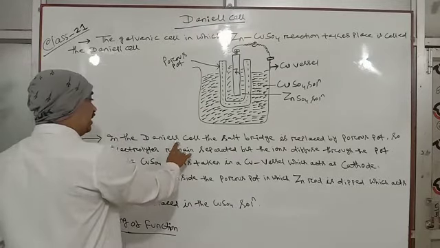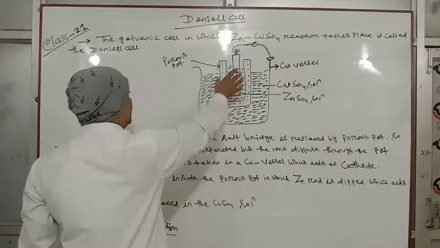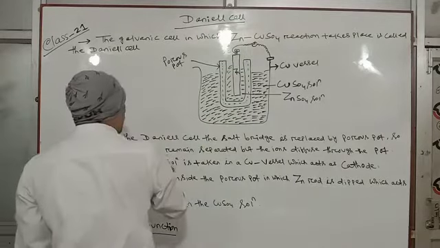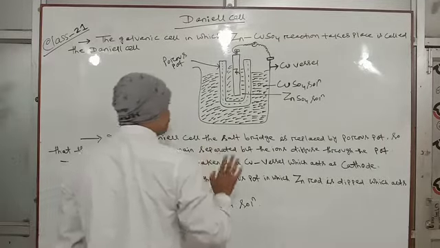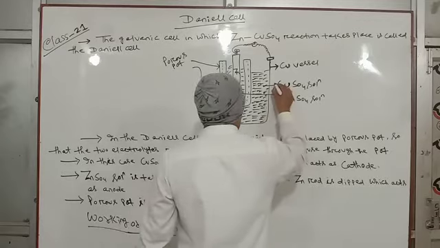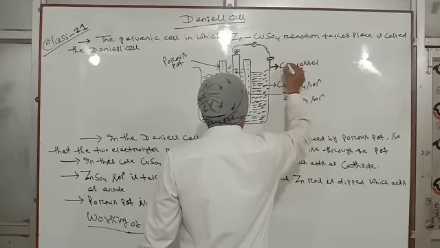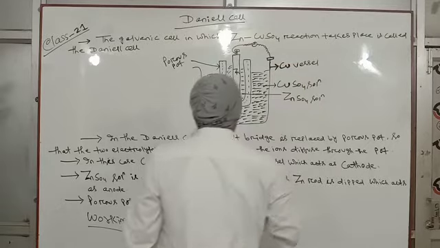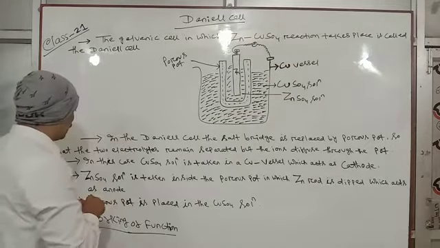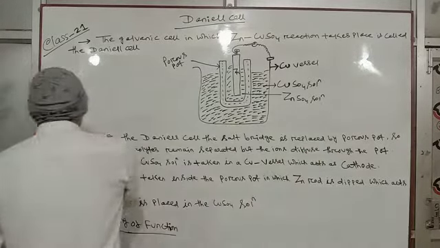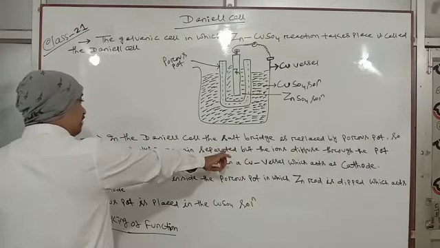In the Daniell cell the salt bridge is replaced by a porous pot so that the two electrolytes remain separated.